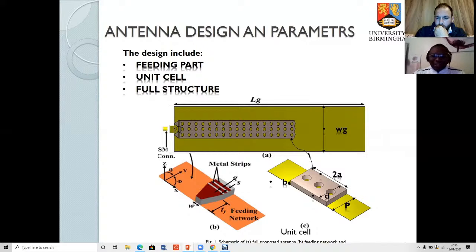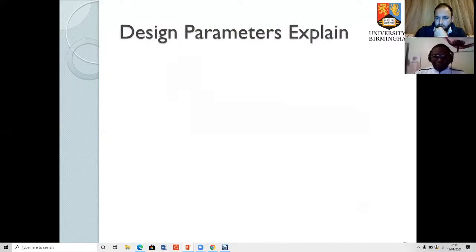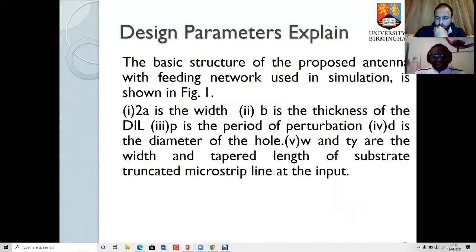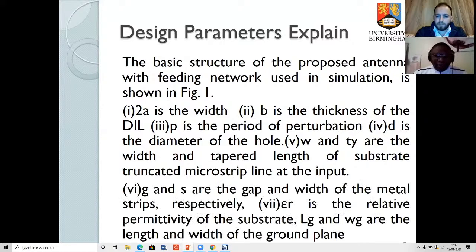And then we have the unit cell, which has the length and breadth and the height of the substrate. So going back to where I was before, these parameters are very, very important for our design. For anyone who is interested in this particular antenna, you need to contact us and I will give you those parameters for your design.